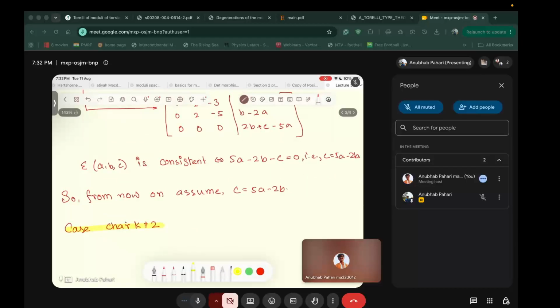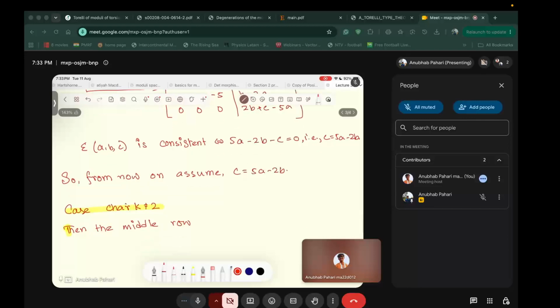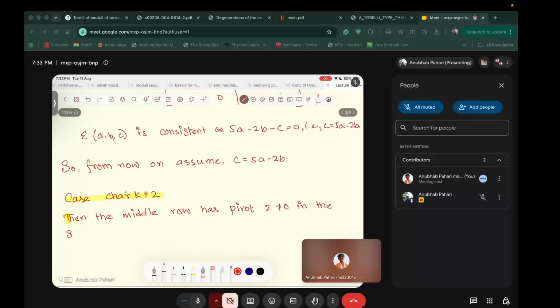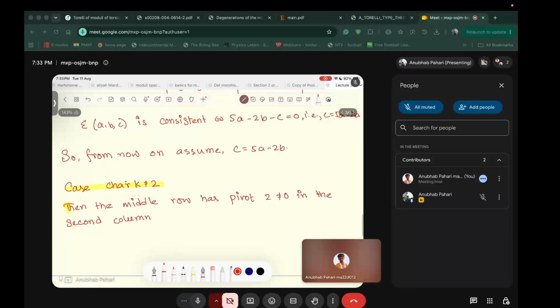Then the middle row has pivot 2 not equal to 0 in the second column. So x, y are leading and z is free.